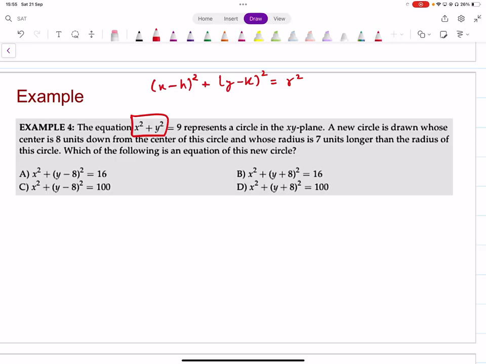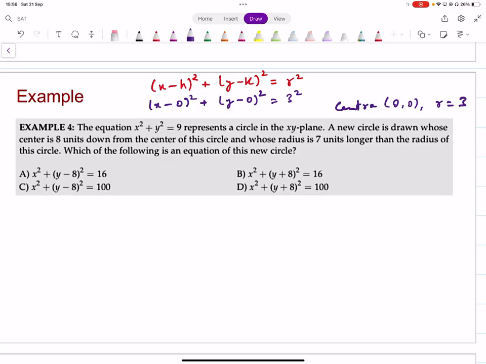We could think of it as (x minus 0) whole squared plus (y minus 0) whole squared equals 3 squared. So the center of the circle is 0, 0. That's the origin. Radius is 3. Make sense?